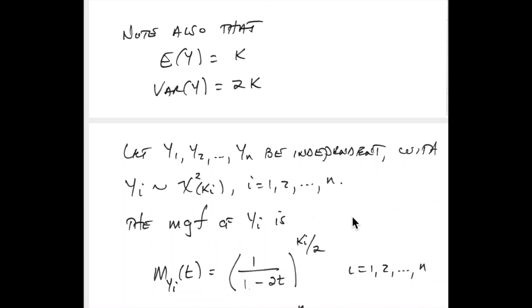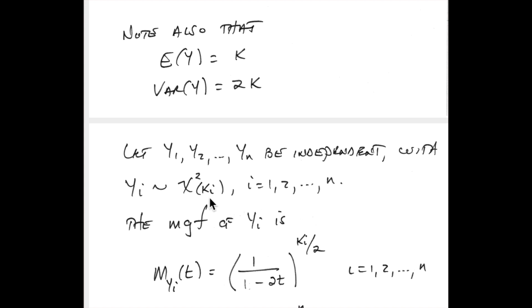Now, let's look at some results involving this kind of random variable. Let y1, y2, and so forth up to y sub n be independent. I'm sorry, they're not identically distributed. They are independent, but y sub i has a chi-square distribution with degrees of freedom equal to k sub i. The degrees of freedom are allowed to be different across these random variables.